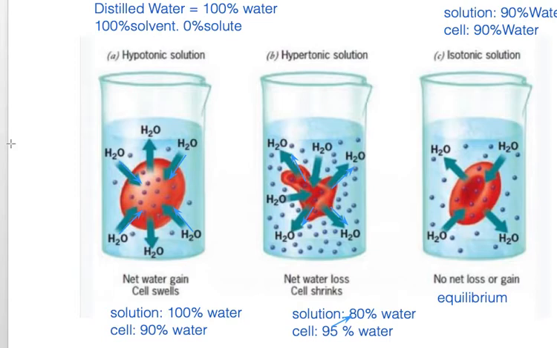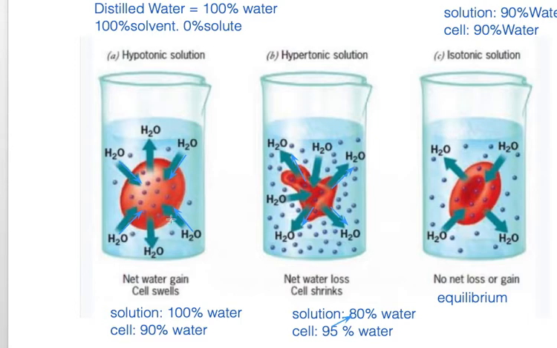Now in the left beaker, you have a different situation. You have a cell that is in a hypotonic solution. For example, distilled water is considered to be 100% pure water, which means it's 100% solvent, and there are 0% solutes. Solutes are things like salt, sugar, and other such things that are dissolved in solutions.